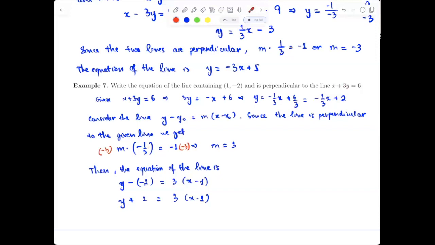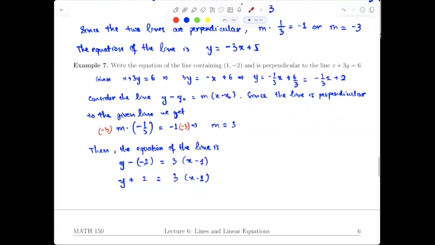All right. Next step is to find the equation of the line. Again, we're going to start with the point-slope form. In this form, you utilize the point (1, -2) and the slope m = 3 to write the equation of the line.